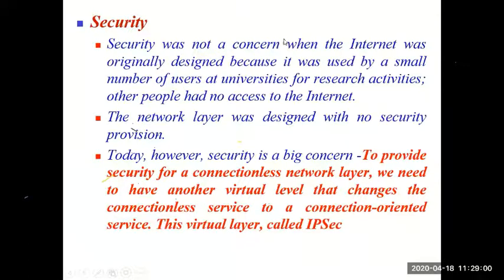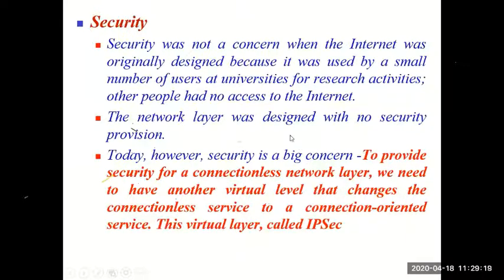Encryption is done at a higher layer, but at the network layer, we add something called IPsec. We'll not go into those details here, but if you're interested, you can read through. It's a very nice phenomenon known as tunneling, how they provide security at the network level.